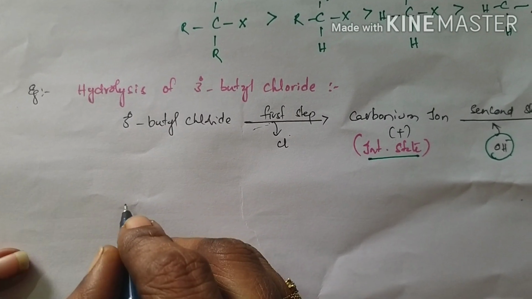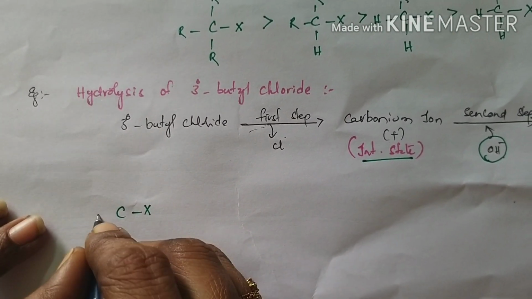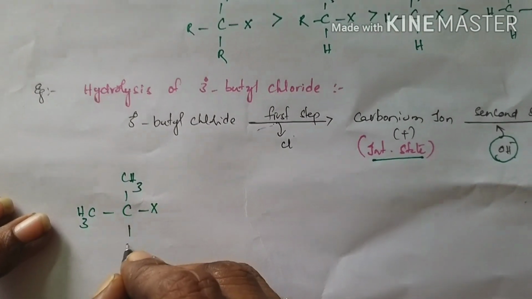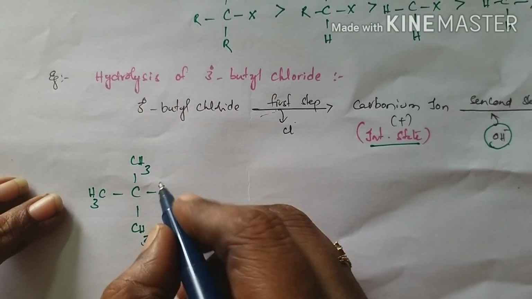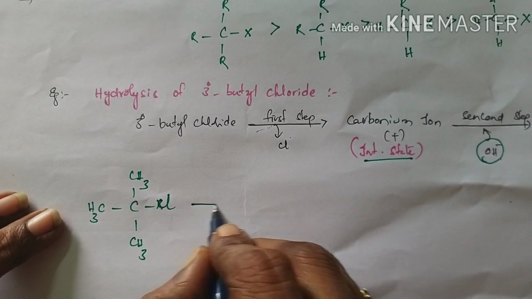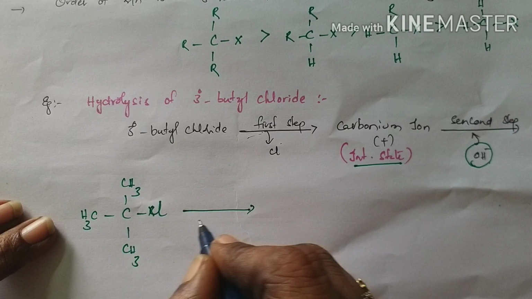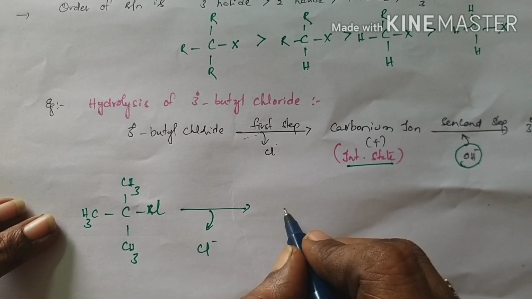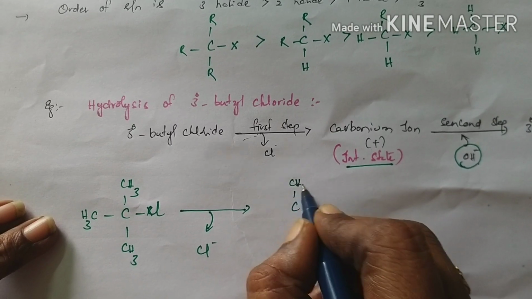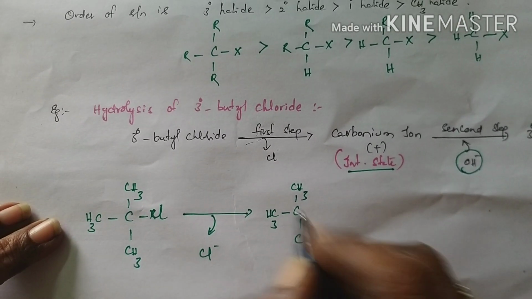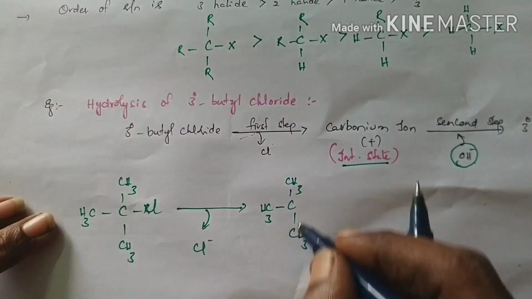Tertiary butyl chloride means a central carbon with CH3, CH3, CH3, and in place of the halide, for example, put chlorine. It can undergo hydrolytic fission. Here chlorine is eliminated, leaving CH3, CH3, CH3 with a positive charge.